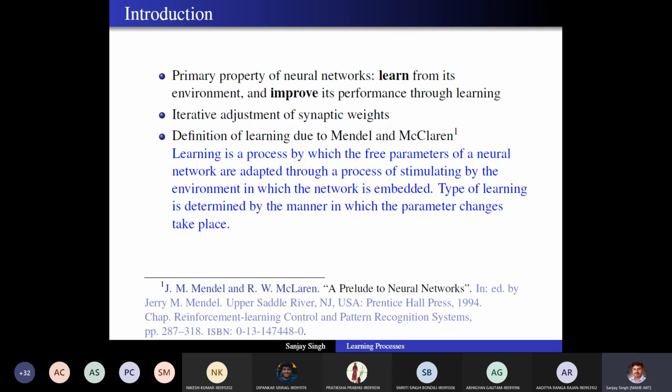Do we all learn in the same way, with the same pace and speed? No, sir. Each one of us has our own way of learning something. Some are fast learners, some are quick, some are slow, some are moderate. So likewise, depending on how the parameters are changing, different learning algorithms are there as well.